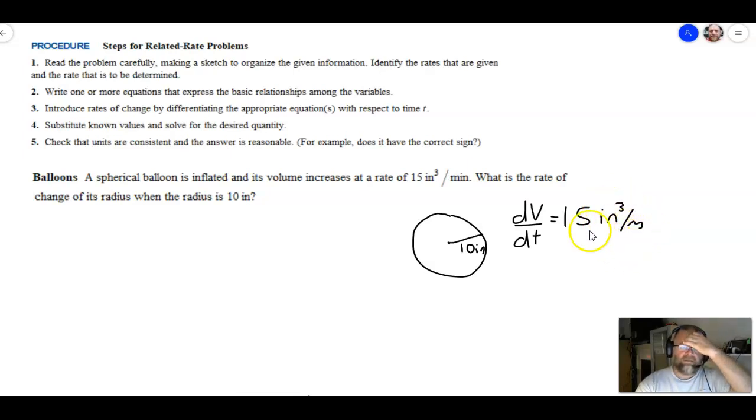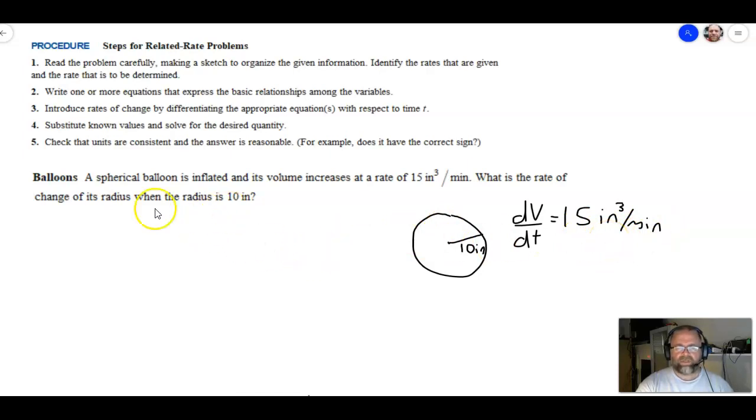Now I could put these units in everywhere like I did last time, but I do know that the radius is just a distance, and the rate of change of a distance is just going to be the unit to the first power. So my answer should be just inches per minute, and I don't need to carry all those around unless I want to.